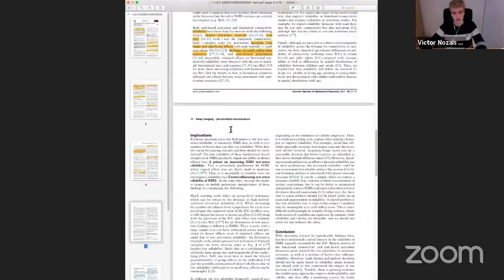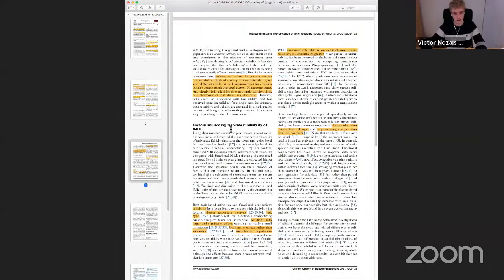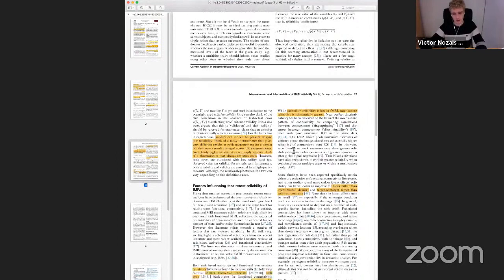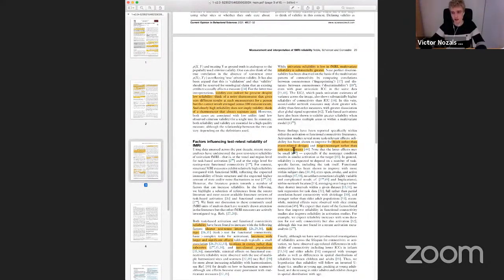So yeah, the last part is more about where we are with the fMRI studies specifically and the different reliability and test retest studies.